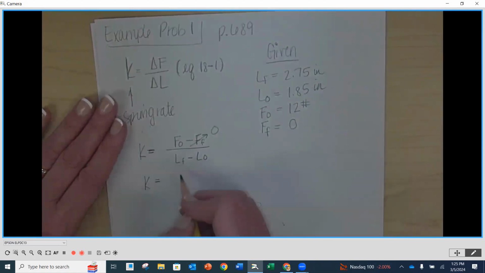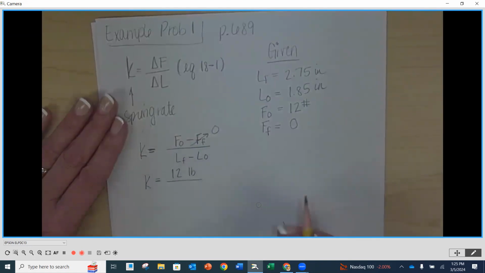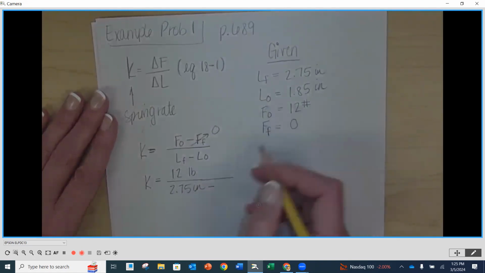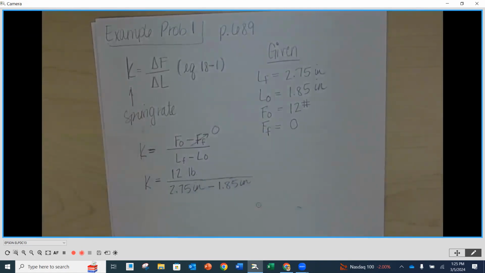We're going to put that in just a second. So I'm going to put my FO on the top, 12 pounds, divided by my LF, which is 2.75 inches, minus my operating length, which is shorter, 1.85 inches. Okay. So now as I look here, what are my units going to be for spring rate?